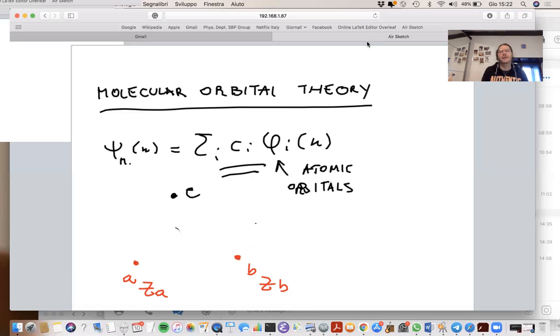that's what this linear combination is actually stating as a physical model. The idea is to use the variational principle essentially to determine the best coefficients.